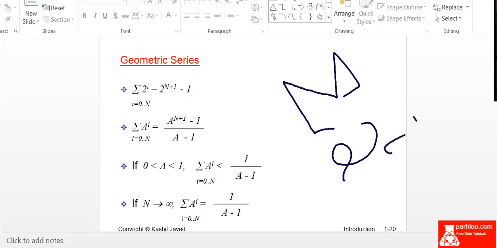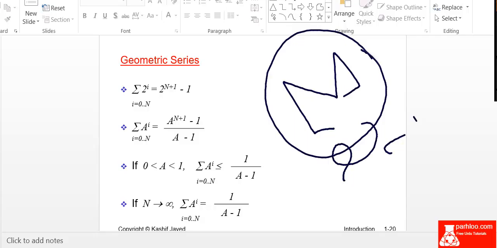What does this mean? Sigma means summation. 2 raised to the power I is the operand जिसके ऊपर summation लगाई जा रही है. ये वो term है, ठीक है? I is the dynamic variable that has to move. Dynamic का मतलब होता है changing.